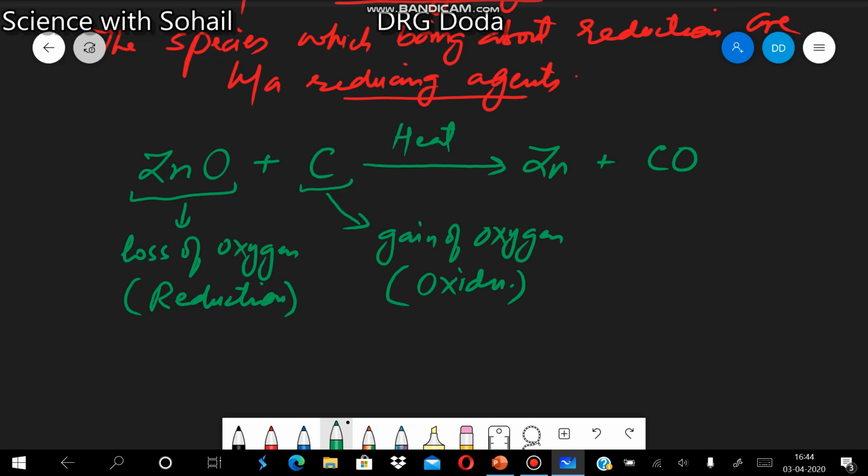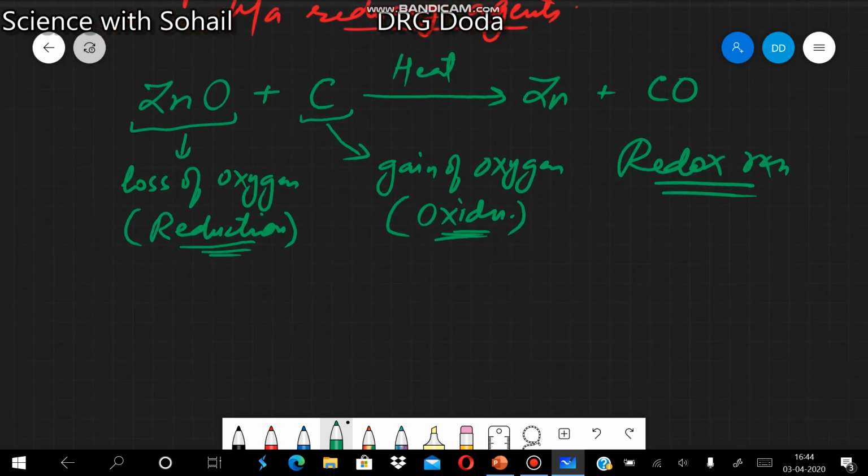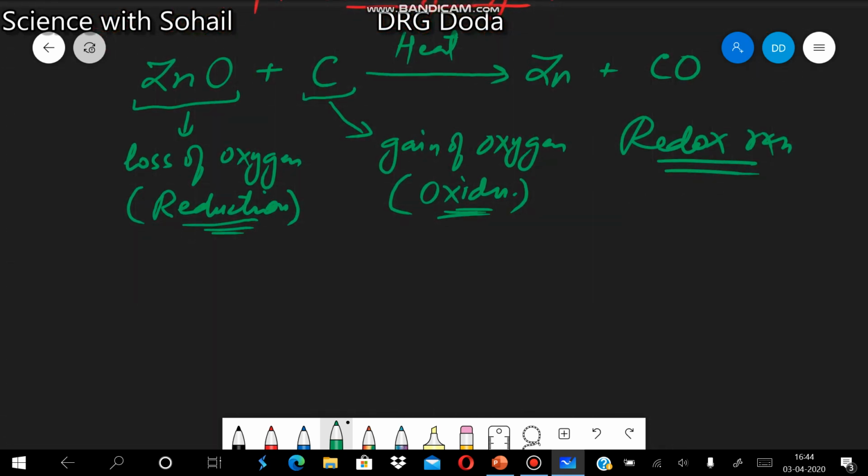So we can say that on one hand zinc oxide undergoes reduction and on the other hand carbon undergoes oxidation. So both the processes are taking place simultaneously. That is, oxidation and reduction is taking place together. So this reaction is a redox reaction.